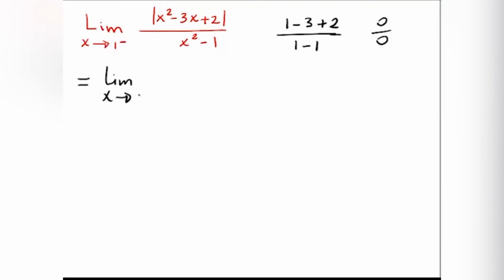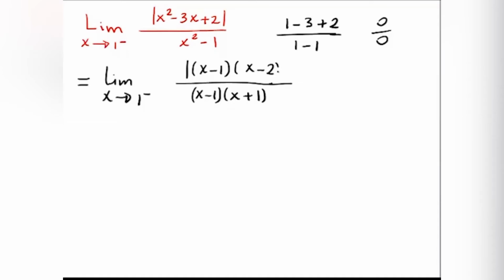As x goes to 1 from the left, the denominator is easily factored as x minus 1 times x plus 1. And the argument of the absolute value is factored as x minus 1 times x minus 2. Very good.